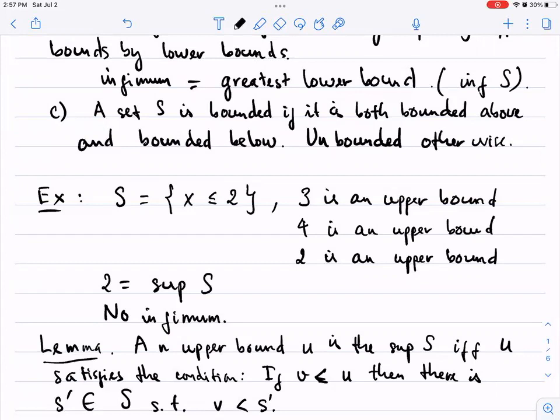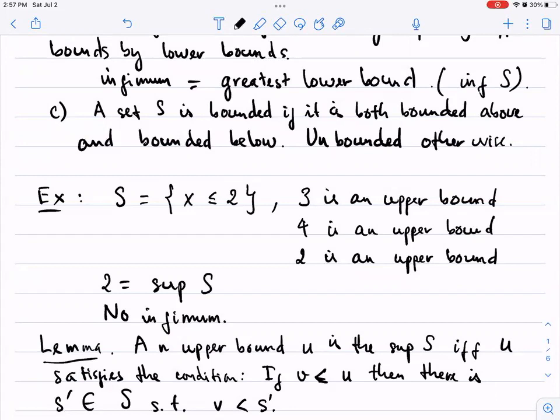Then obviously 3 is an upper bound. Why? Because any element in this set is smaller than or equal to 2. That's why it is smaller than or equal to 3. 3 is a higher number than 2. So actually, any element in this set is smaller than 3.